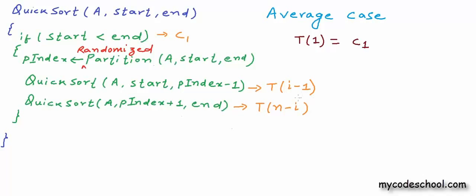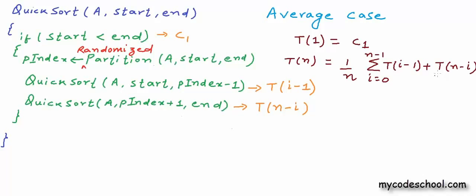This i can be any index between start and end with equal probability. So I'm going to say that Tn will be the average of all possible partitions, or all possible values of i. Apart from this average cost, the cost of partition is some constant times n.